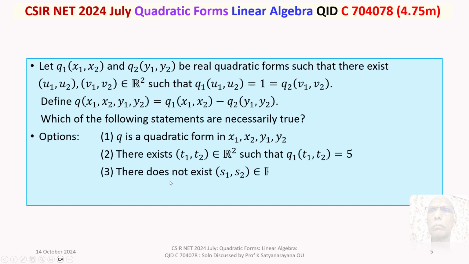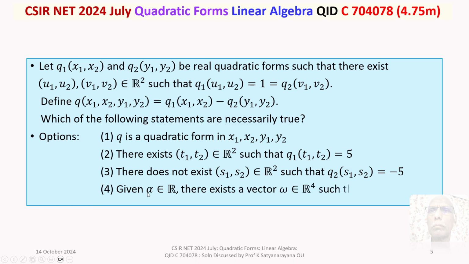Option 3: there does not exist an ordered pair (s1, s2) belonging to R square such that Q2 of (s1, s2) is equal to minus 5. Option 4: given an alpha belonging to R, there exists a vector omega belonging to R to the power 4 such that Q of omega is equal to alpha.